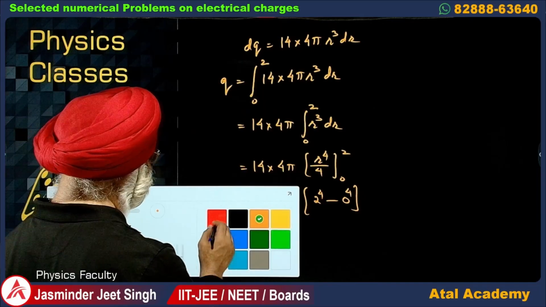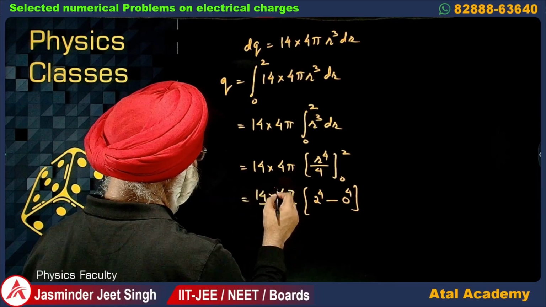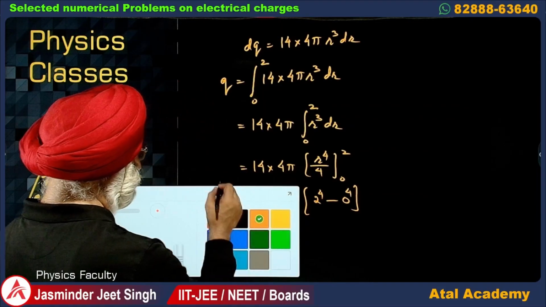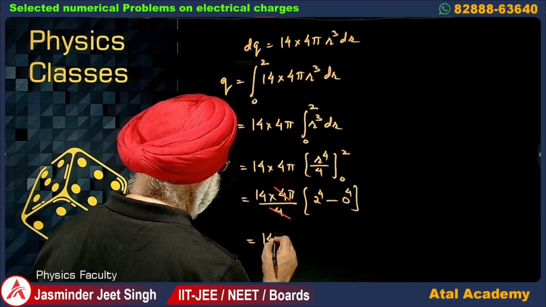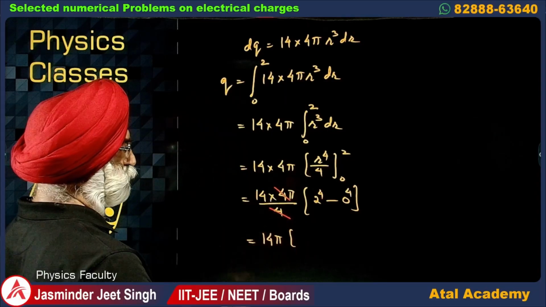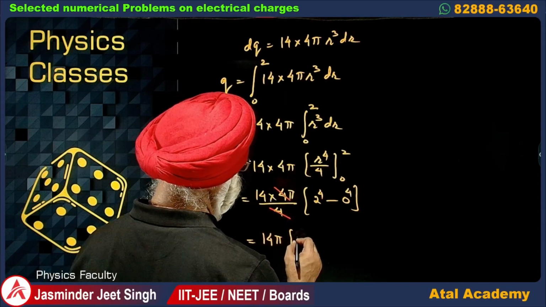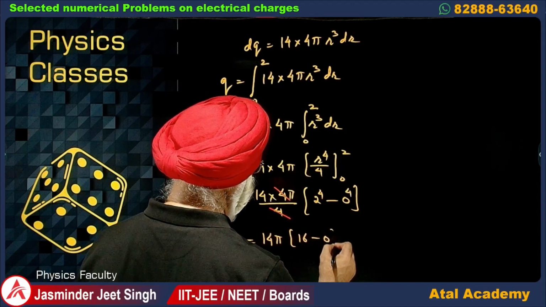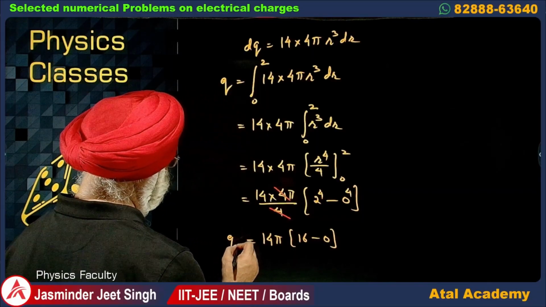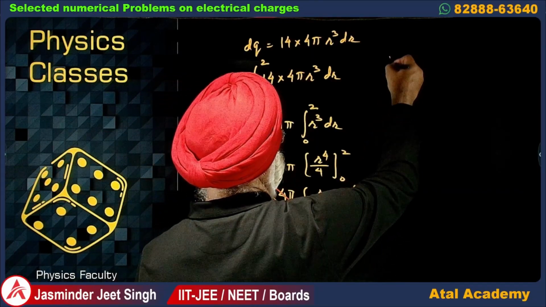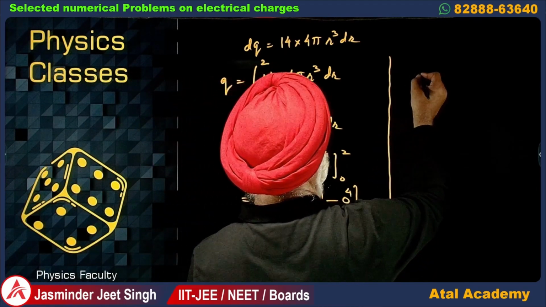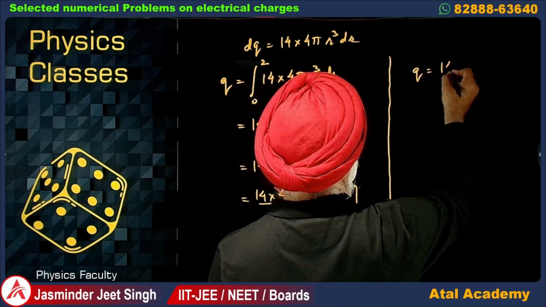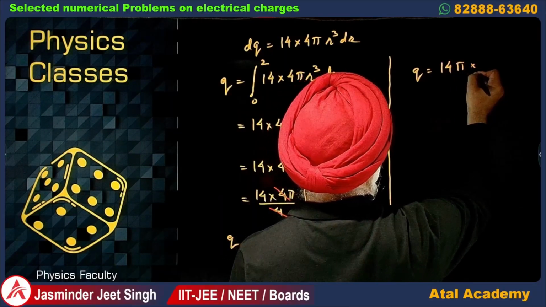From this expression, this 4 and 4 will cancel. We will be getting 14 pi into 2 to the power of 4, which is 16, minus 0. The total charge Q is equal to 14 pi into 16.